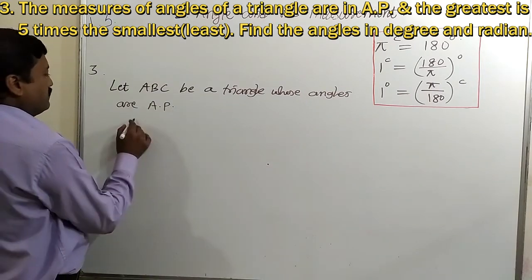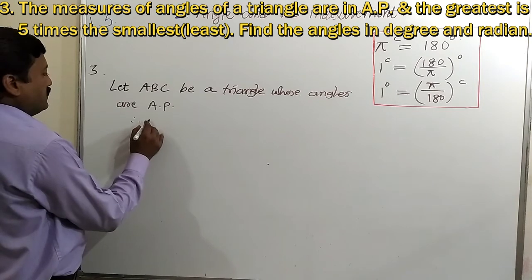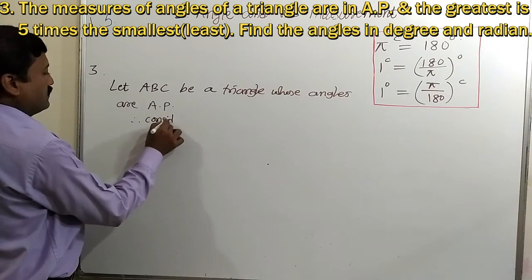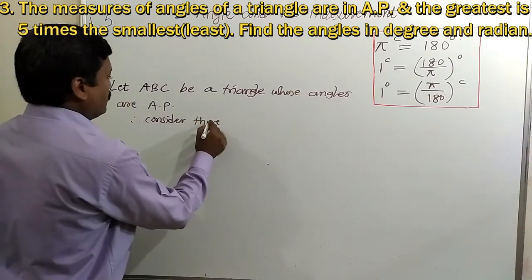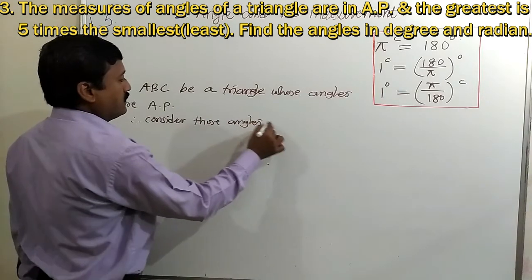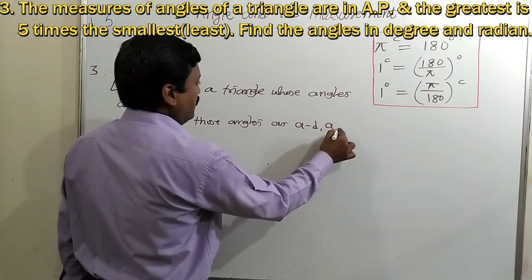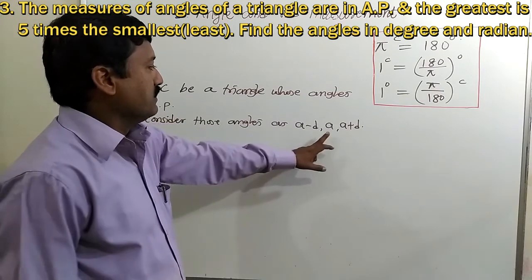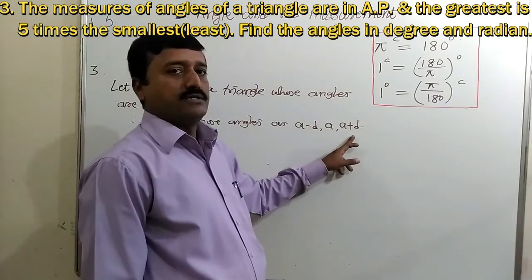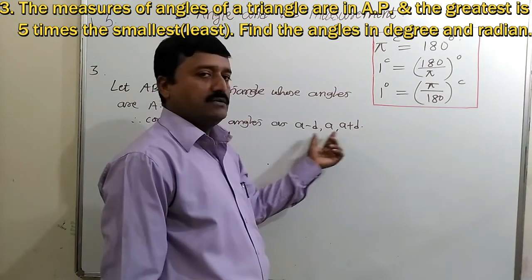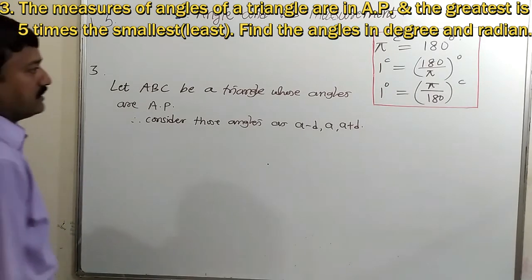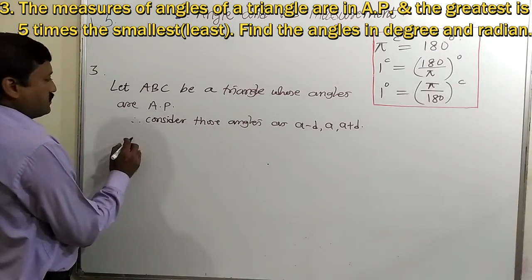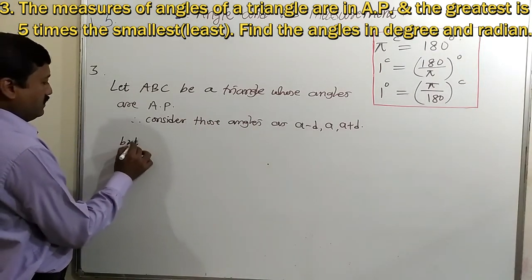Therefore, we can consider those angles as A minus d, A and A plus d, because these three numbers are in arithmetic progression with middle number A, previous number is A minus d, next one is A plus d, so that the difference between any two of these is constant, that is d.